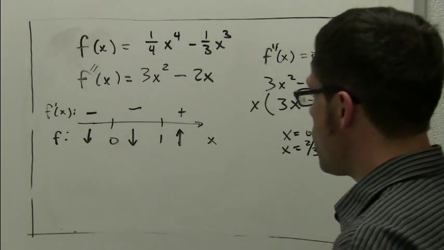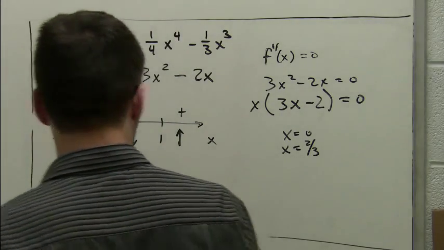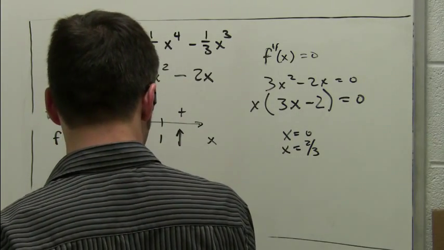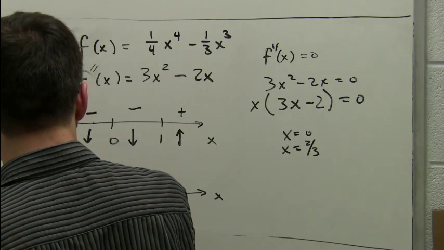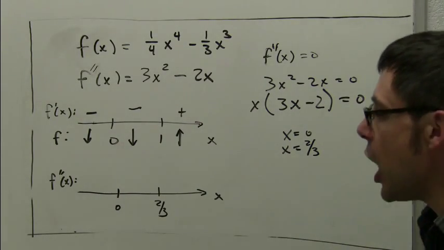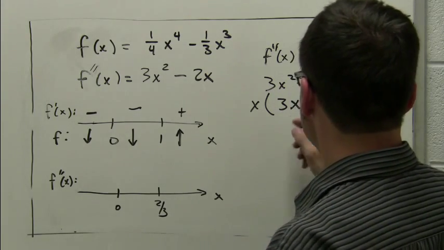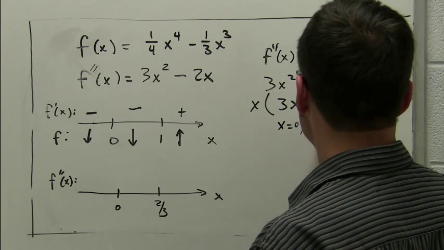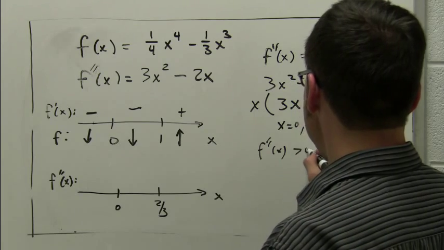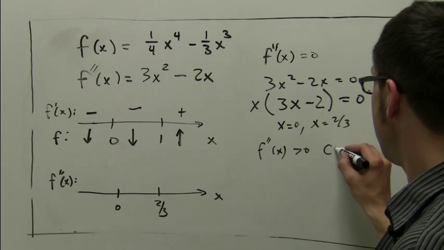Okay, so I'm going to go through the second derivative test. I want to write down my pictorial number line here, put down 0 and positive 2/3. I'm going to plug values into the second derivative as a function, and I want to find the sign of the second derivative. Recall again that if the second derivative of my function is positive for x values in some particular region, that means the function is concave up.